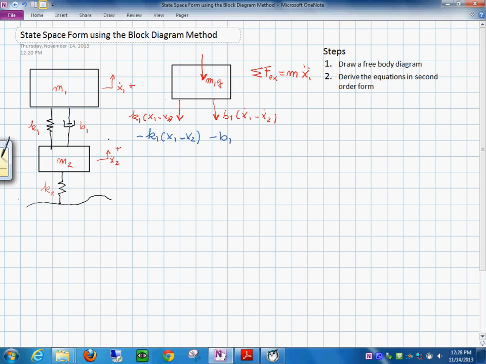minus b sub 1 times x sub 1 dot minus x sub 2 dot, and minus m1g, like this, should be equal to m1 x1 double dot, like that, right? So that is my first differential equation that I have.